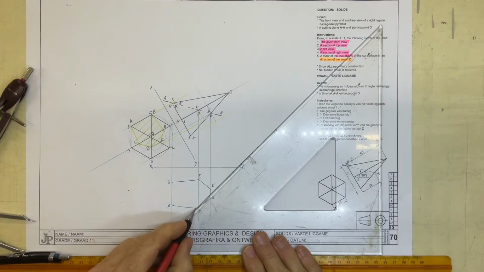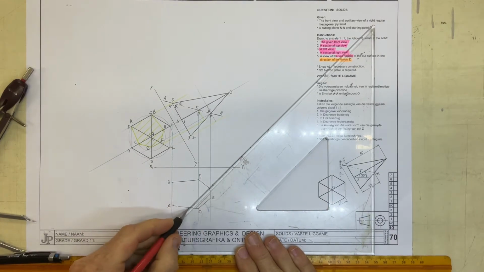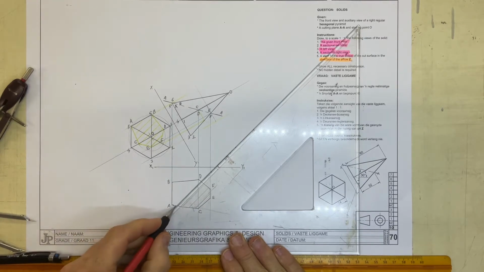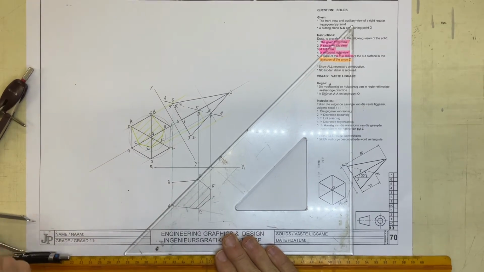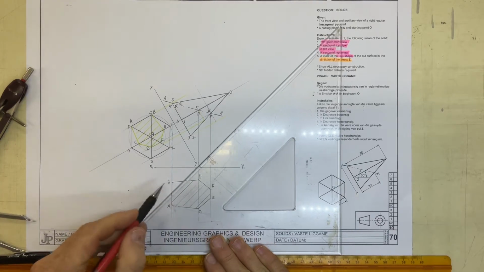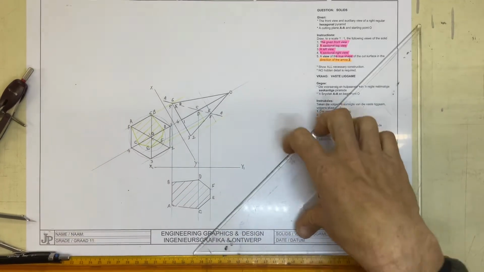Take your 0.3 pencil, hatch away as fast as you can. There we go, hatching done.